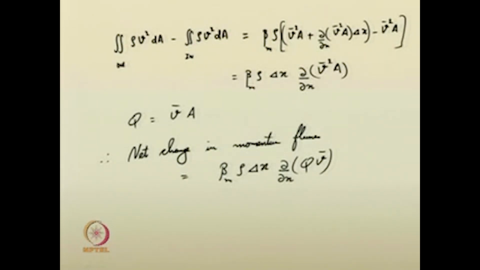Or again, one can infer V is equal to Q by A. Then I can change this quantity as beta m rho del x. Q is a constant value, so Q squared I can take out, and this is dou by dou x of 1 by A. Well, fine, we can easily write it.